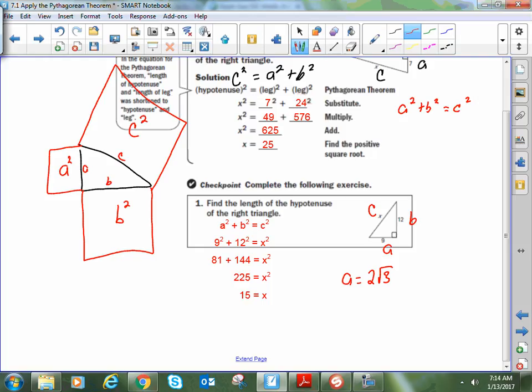The way I'm going to write this on my paper is 2 radical 3 squared, and I'm going to put the whole side in parentheses. And I'm going to type it on my calculator that exact same way. I'm going to put an open parenthesis on my calculator display, then 2 radical 3, close the parenthesis, then square it.